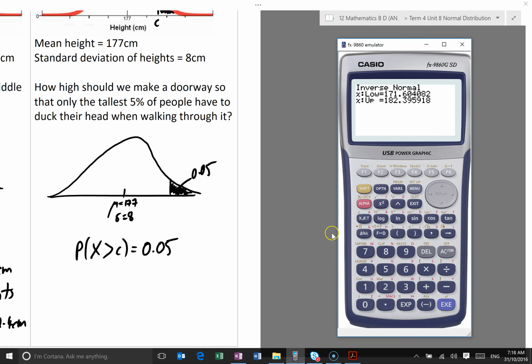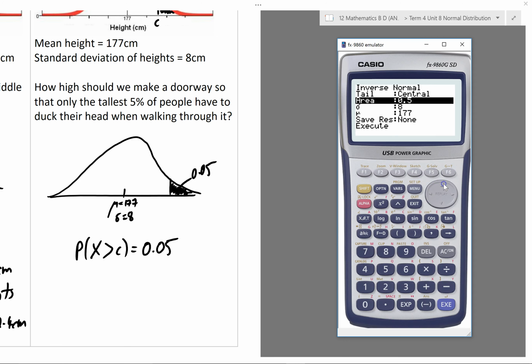Again, to the calculator, we have in this case a right tail, tailing off to the right. Its area is 0.05. Same mean, same standard deviation. I get a height of 190.16.